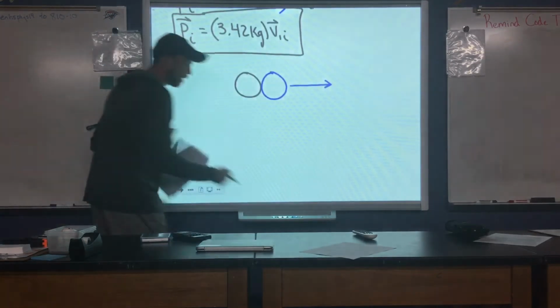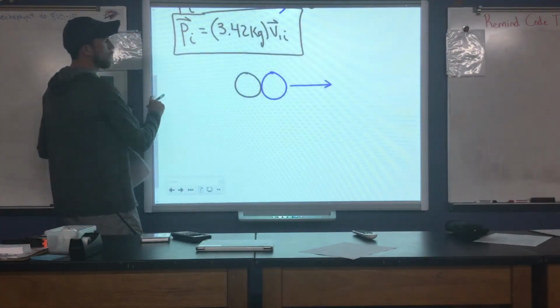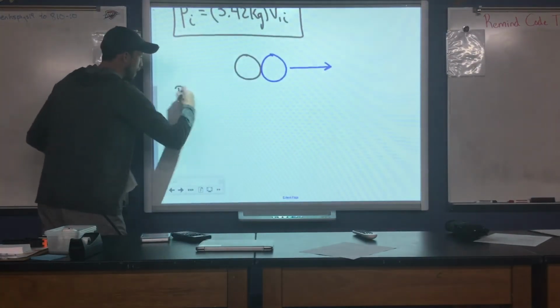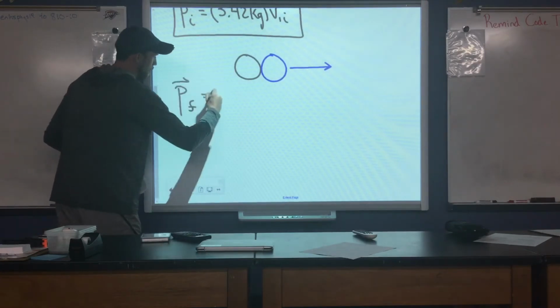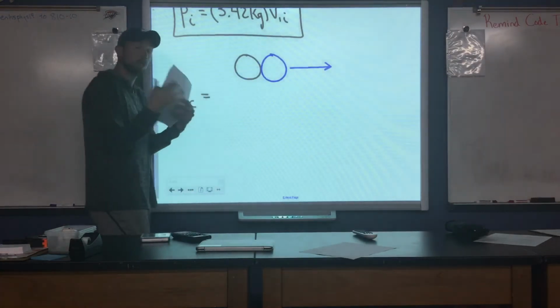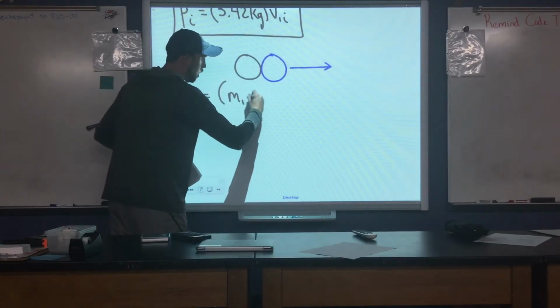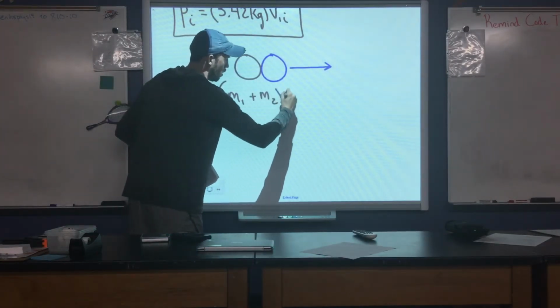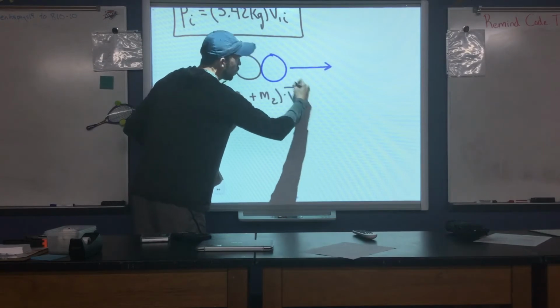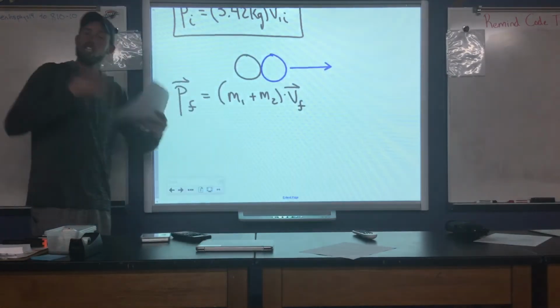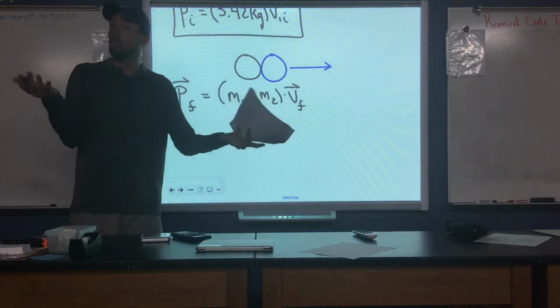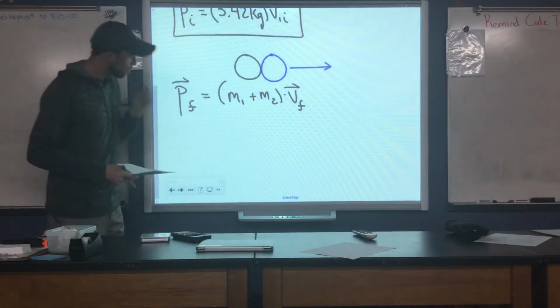So after the collision occurs, here's how we would represent the momentum. The momentum final would be the mass of both objects together, because we're told it's a two-ball system after the collision. Mass of object 1 plus mass of object 2 multiplied by the total final velocity. Since the objects are moving together, we can assume their velocity would be the same.